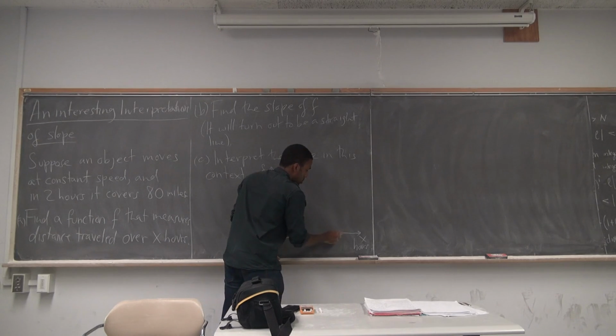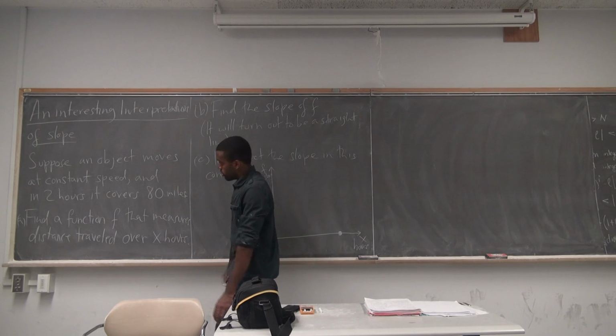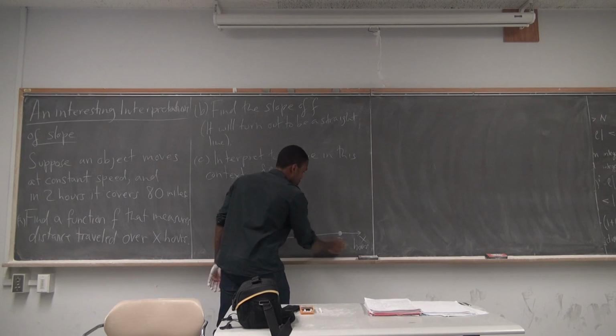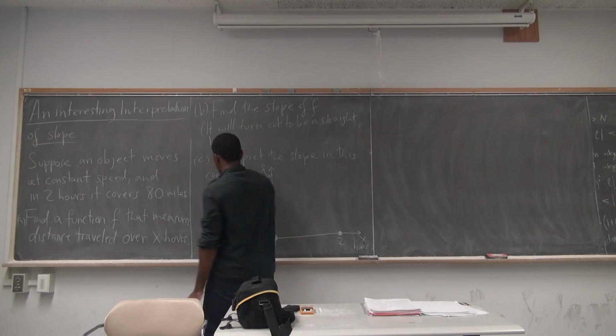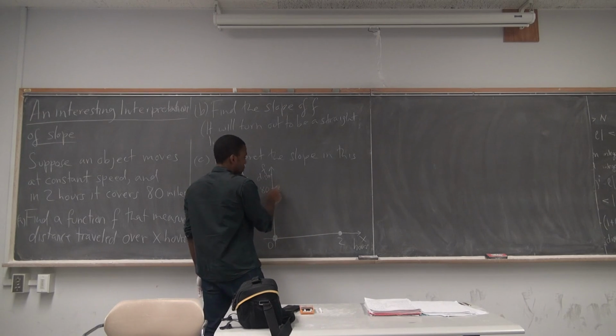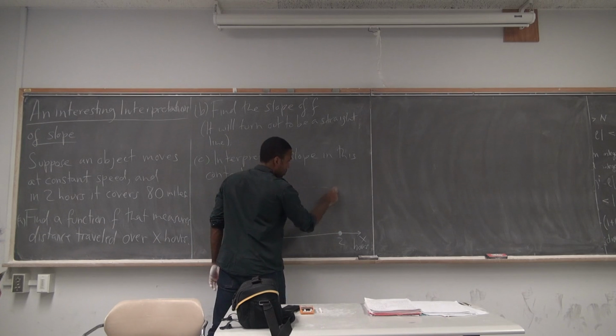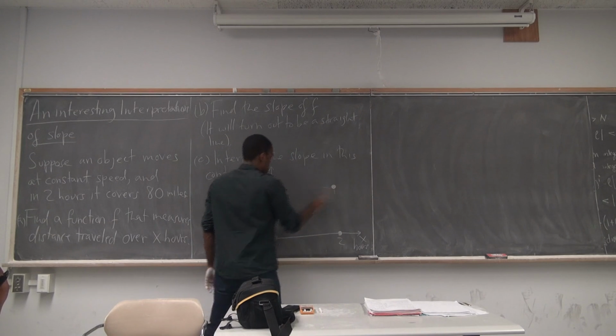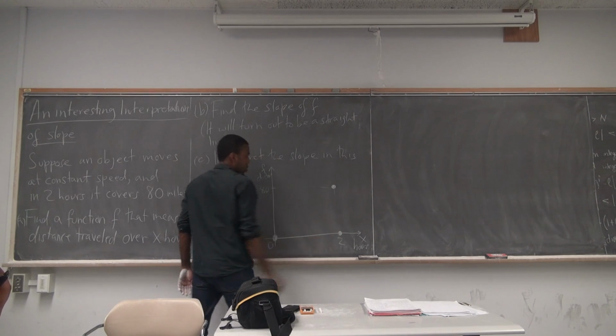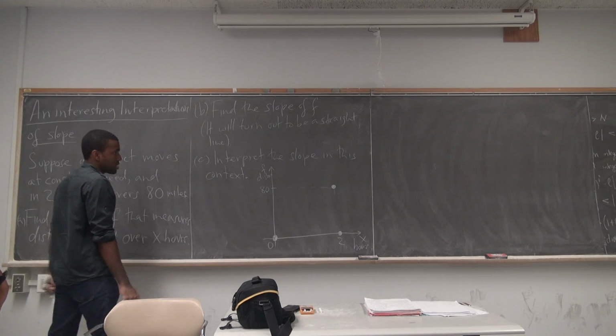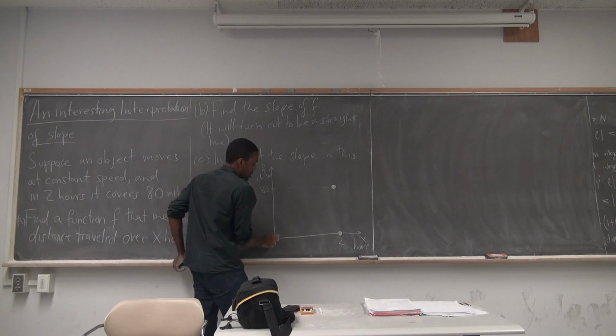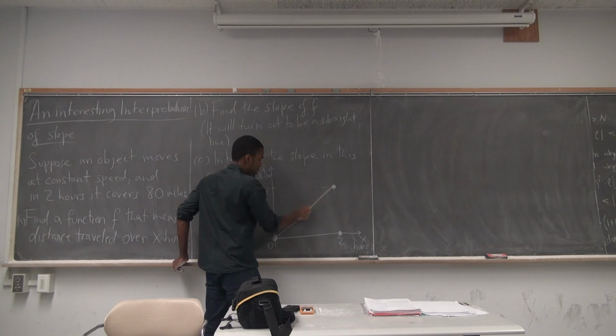When x is 2, what is the position? 80. So it goes from this point to that point over 2 hours. Now it's traveling at a constant speed, so you expect it not to go up or down, it's just going to go straight, right?